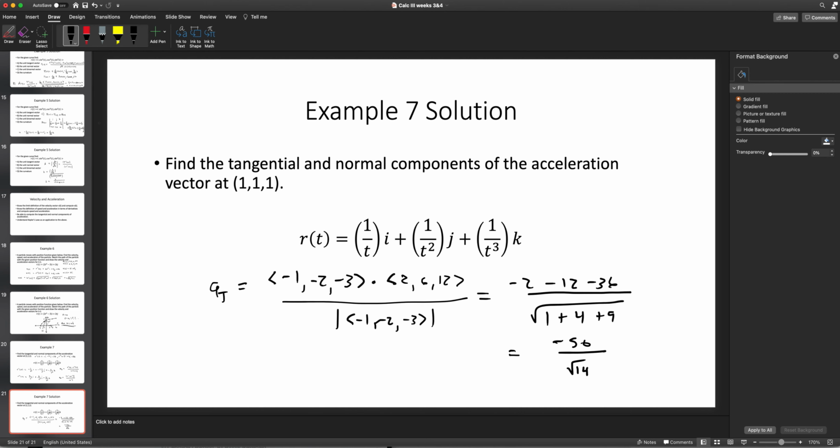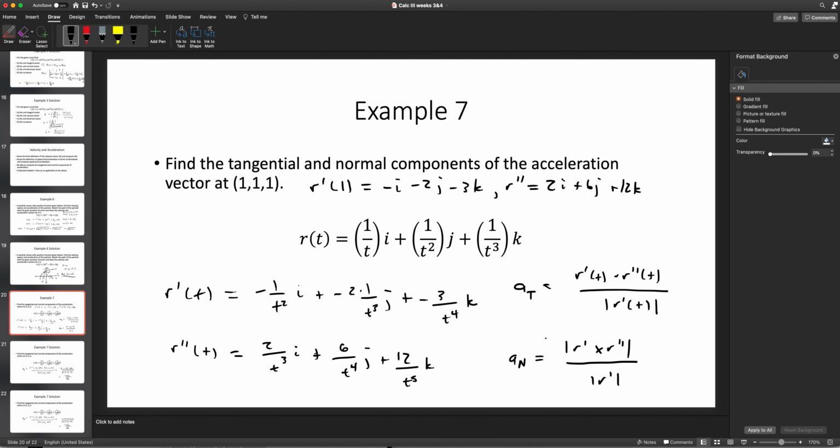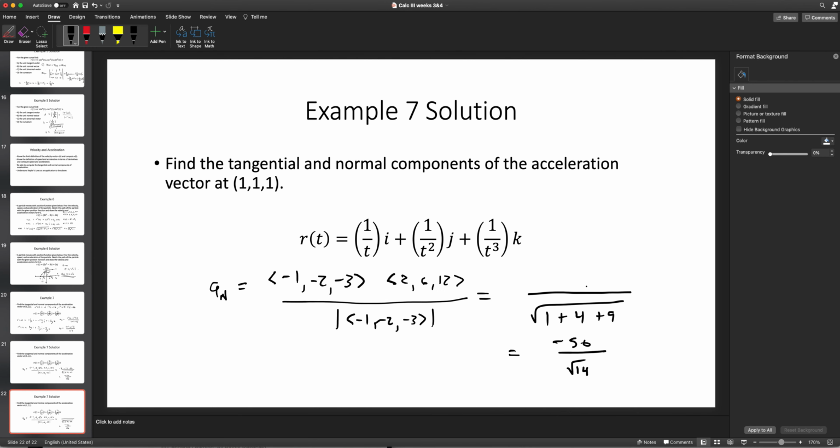We'll just reuse this here, and we'll change that to a sub N. And again, we're just computing the cross product.